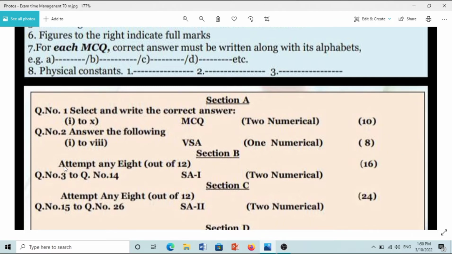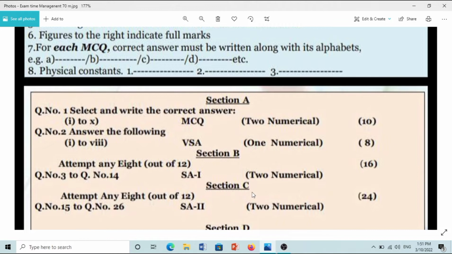The next one is Section B. In Section B, there are a total of 12 questions, from question number 3 to question number 14. Out of these 12 questions, you should write only 8 questions, and each question carries 2 marks.